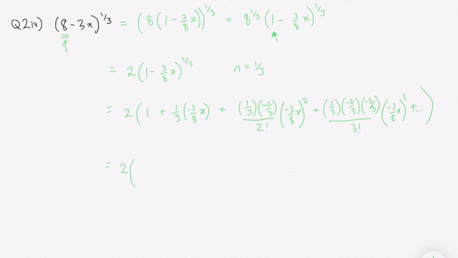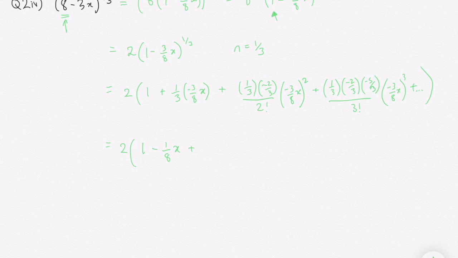So this is 2 lots of 1 plus, here the 3's cancel, but there's a negative, so it's subtract 1/8 of x, plus, well, this is going to be negative because we have a negative times by a negative squared. So we have a third times 2/3 times 1 over 2 factorial, so a half, times by 3/8 squared, which is 3 squared over 8 squared, lots of x squared.